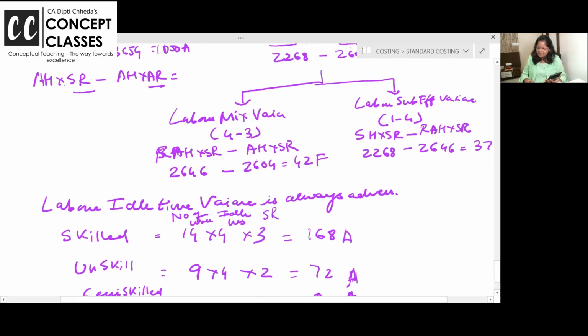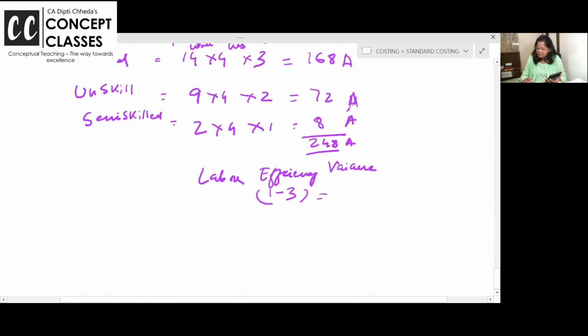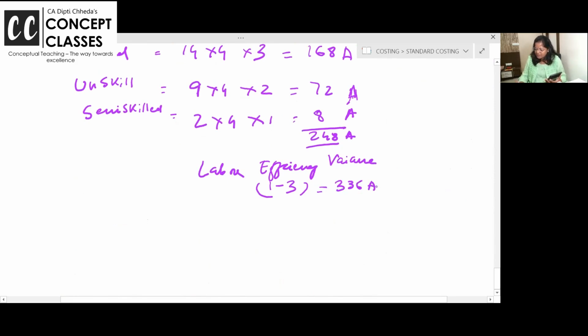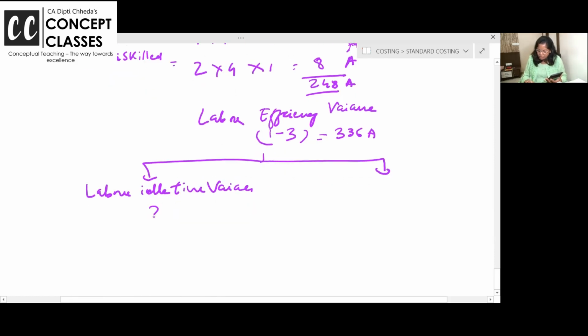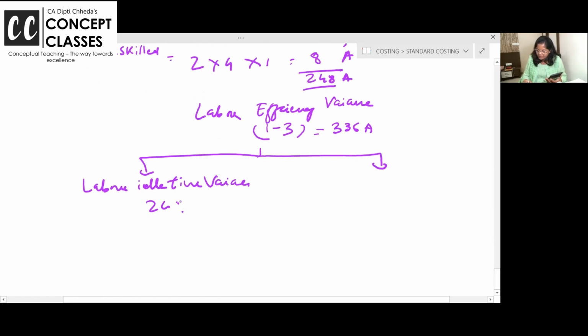Labor efficiency variance 1 minus 3 came, that 336, I am copying from above. This is divided into labor idle time variance, 248 adverse which you calculated above, and labor sub efficiency variance.